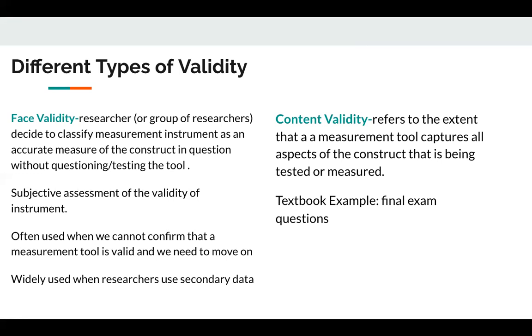Because how you conceptualize it can be a very holistic term. There are a lot of different types and forms of intelligence. And so, content validity would be if you're creating a measurement that would try to address all of those different types of intelligence within that measurement.